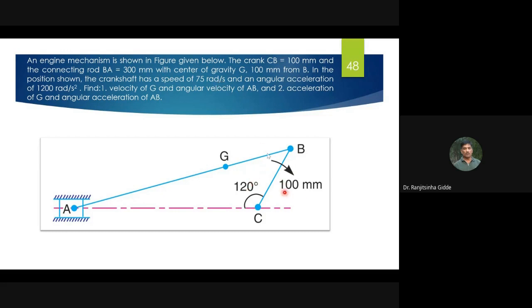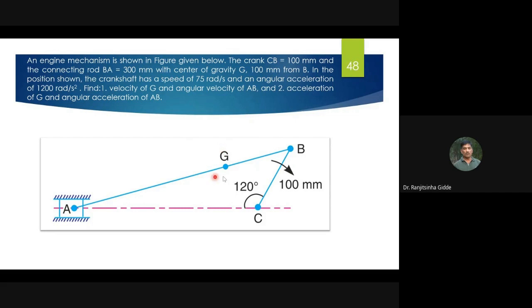So that omega they have given, as well as an angular acceleration for the crank, and that is 1200 radian per second square.